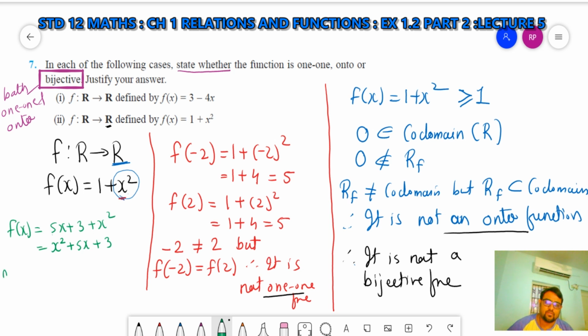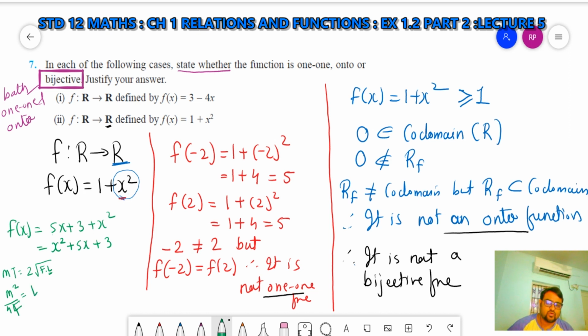You know the formula for the middle term, 2 into the square root of the first term into the last term. So what will be the formula for the last term? Middle term square upon 4 into the first term.